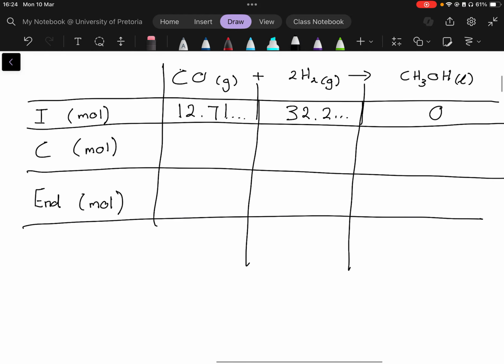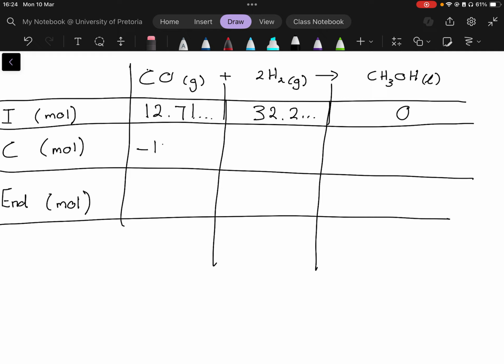CO was our limiting reagent, so all of the CO must have been used up. And how much hydrogen was used up? Twice as much as the CO, because CO is the limiting reagent. It dictates the mole amounts that are being used. That's the important thing about the limiting reagent. And again here, for the methanol, the limiting reagent dictates the amount depending on the stoichiometric numbers.